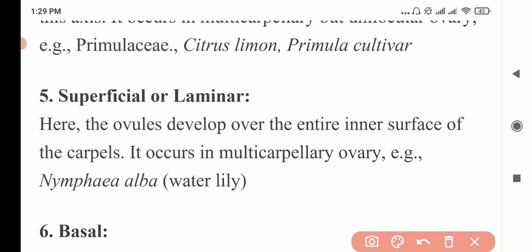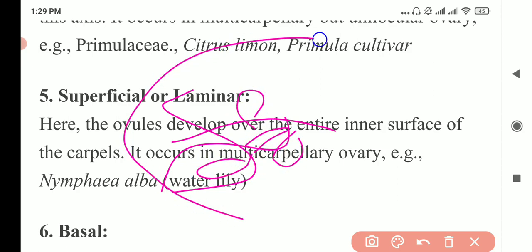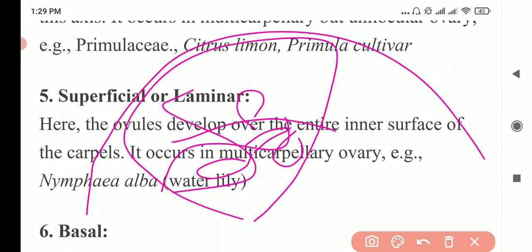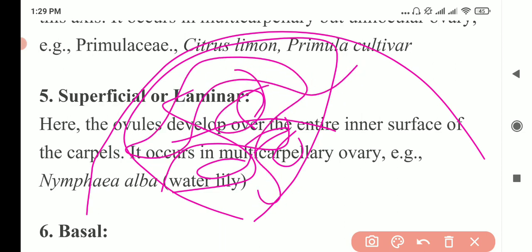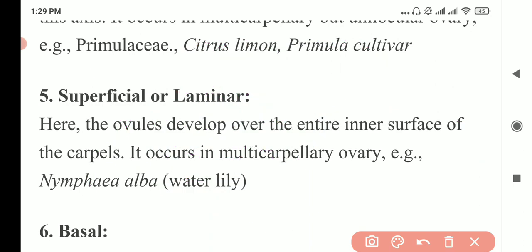So here the entire inner surface is mixed up with ovules and placenta everywhere, like ovule here, ovule there. It occurs in the multicarpellary ovary. It occurs in Nymphaea. For this, you keep citrus, lemon and all, as examples.